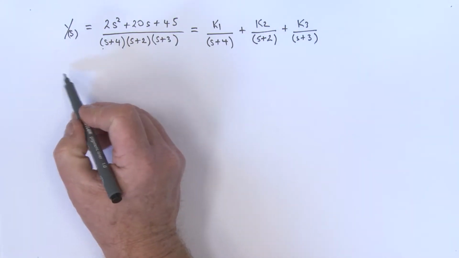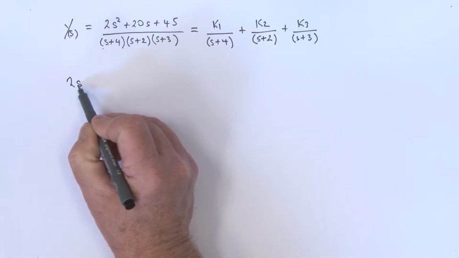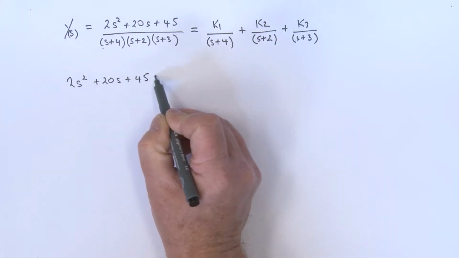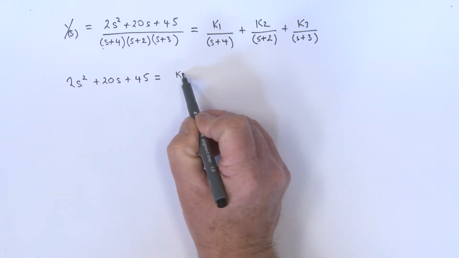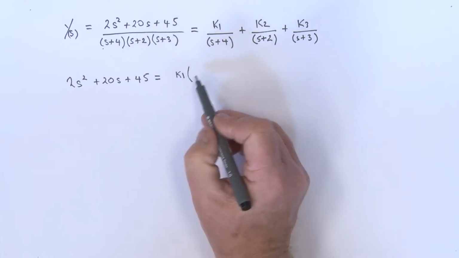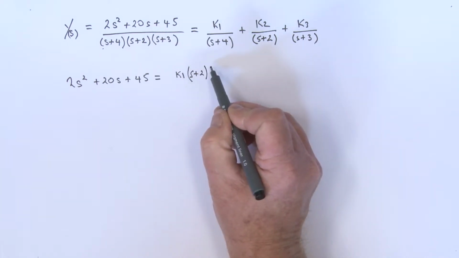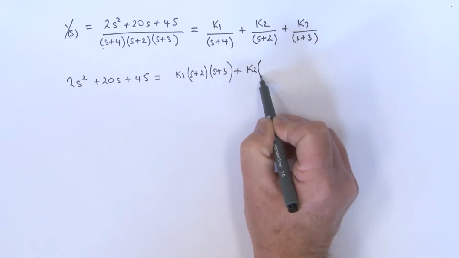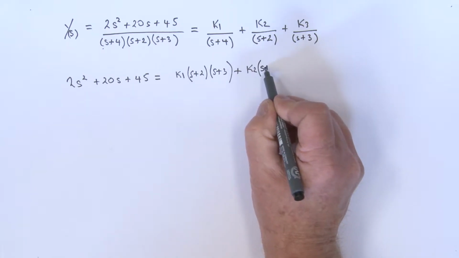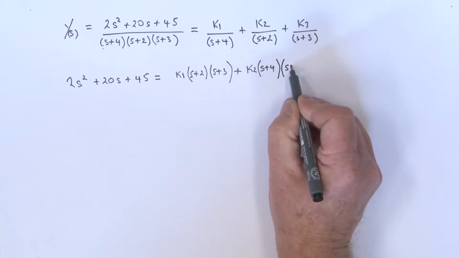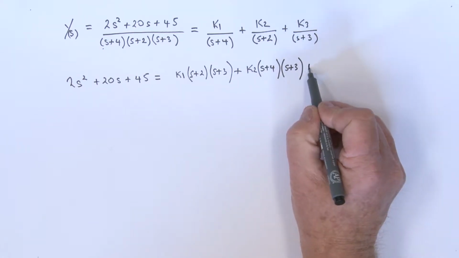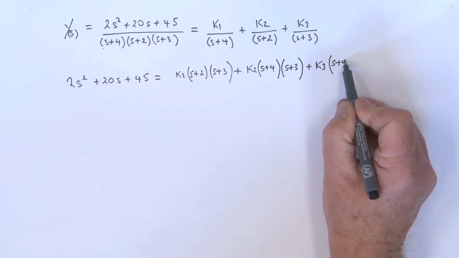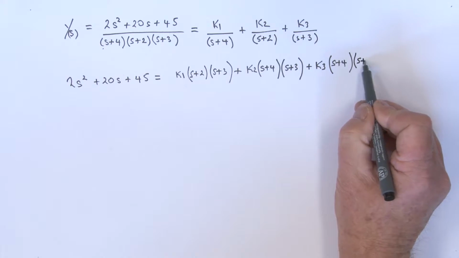If we do that, what we end up with is 2s squared plus 20s plus 45, and that is equal to K1 multiplied by s plus 2 and s plus 3, plus K2, which is multiplied by s plus 4 and s plus 3, and finally K3, which gets multiplied by s plus 4 and s plus 2.